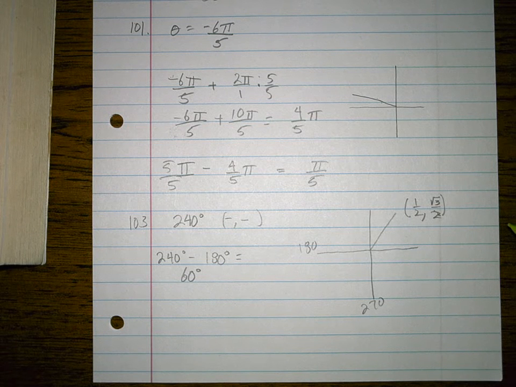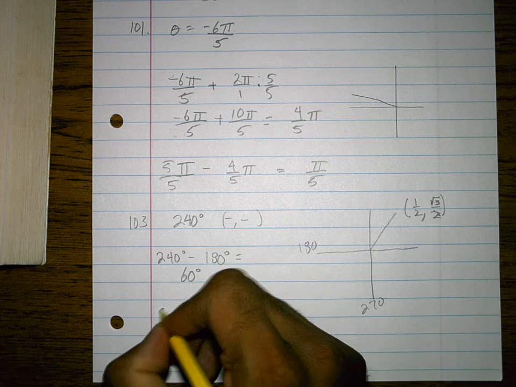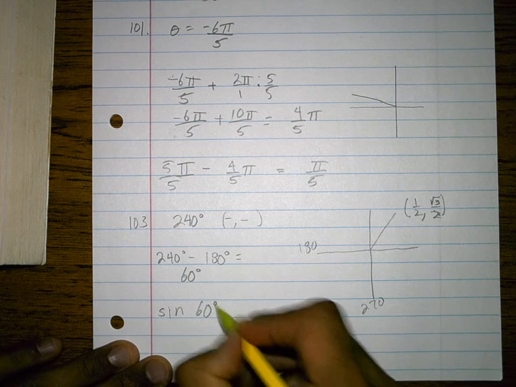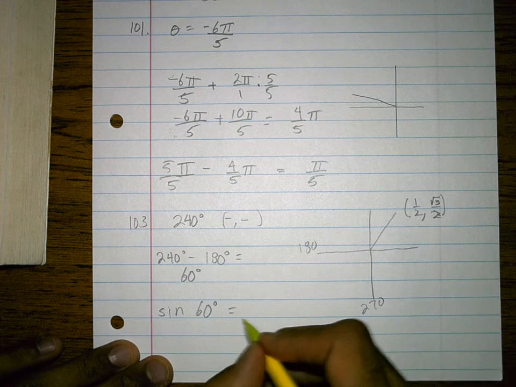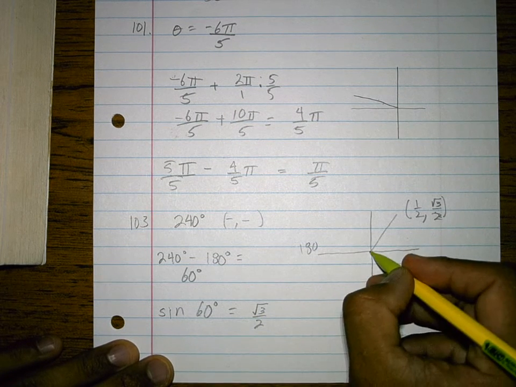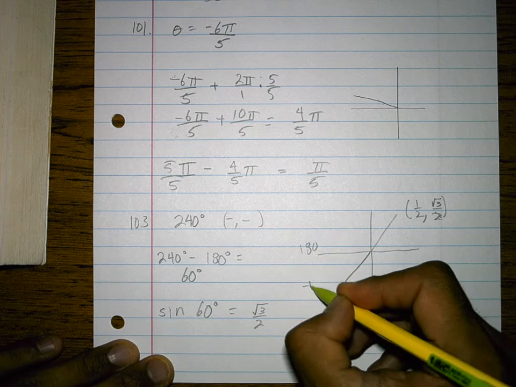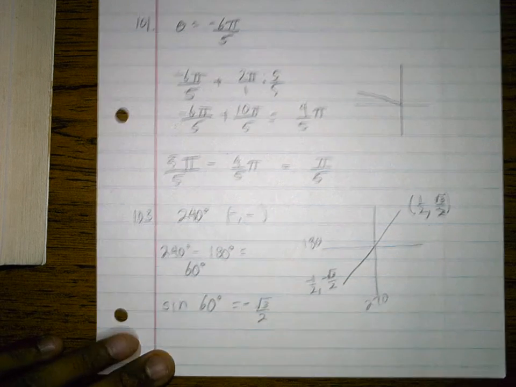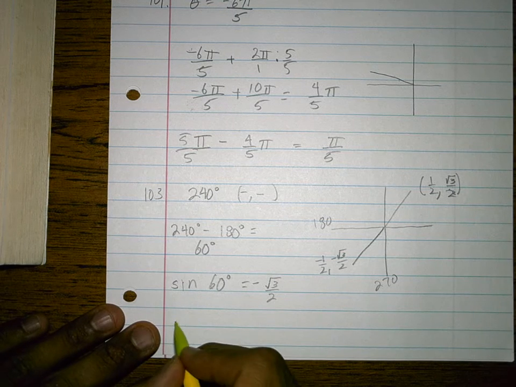So that tells me that the sine of 60 degrees is equal to the y value, so it's root 3 over 2. However, I'm really over here in quadrant 3, so it's negative and negative. That's just my reference angle, so it's negative there.